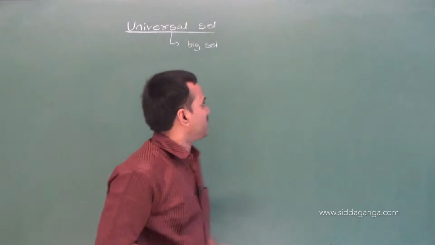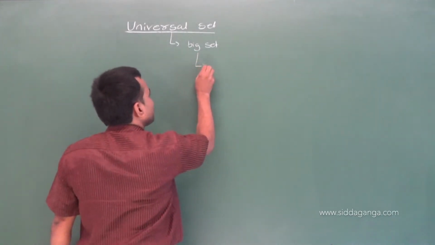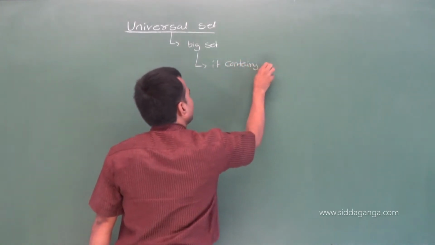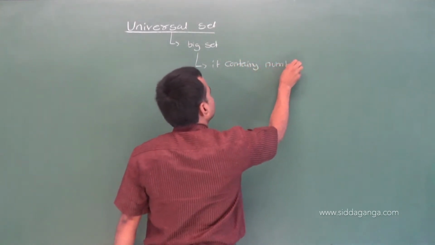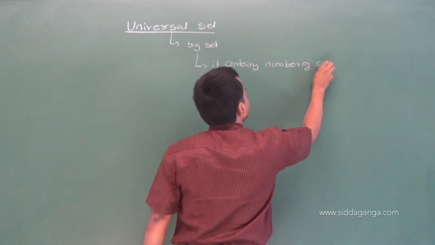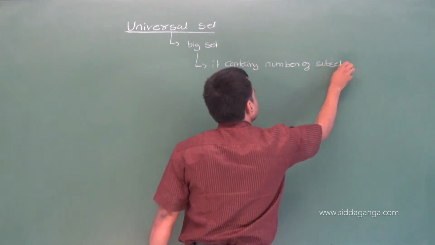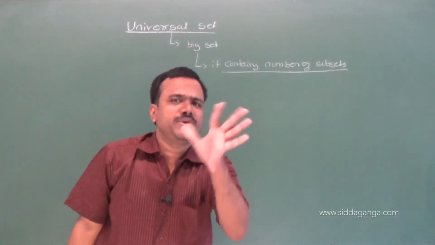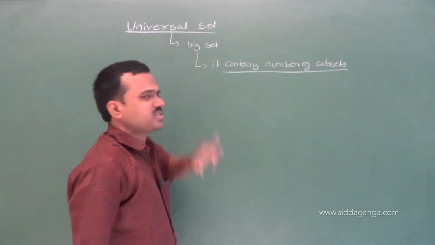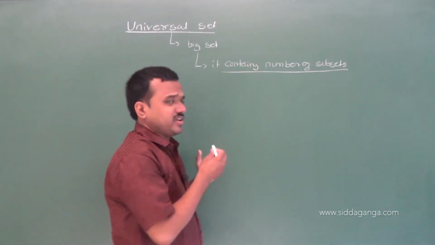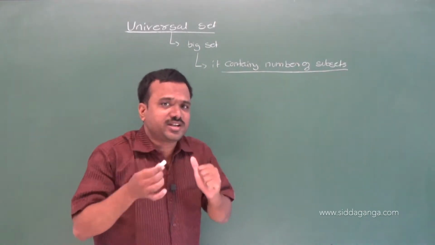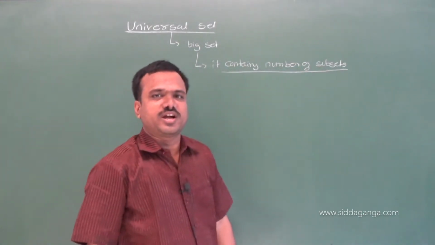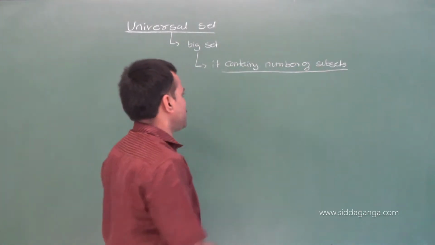Then it contains a number of subsets. Universal set is a big set. Then it contains the number of subsets.